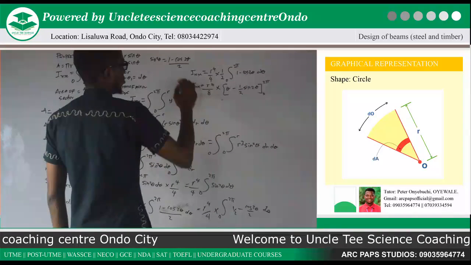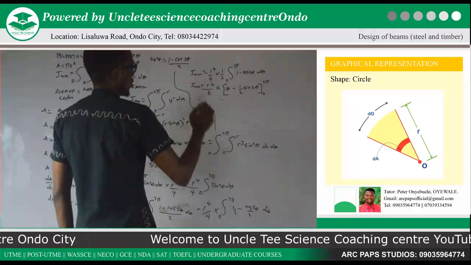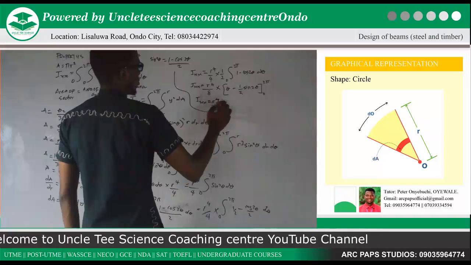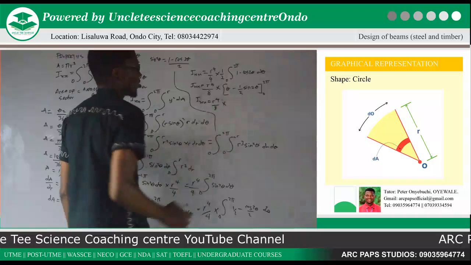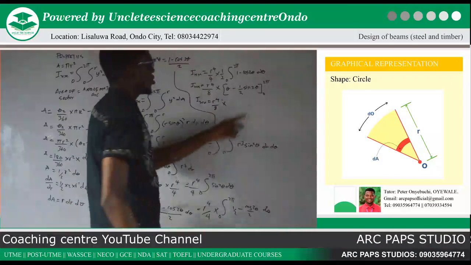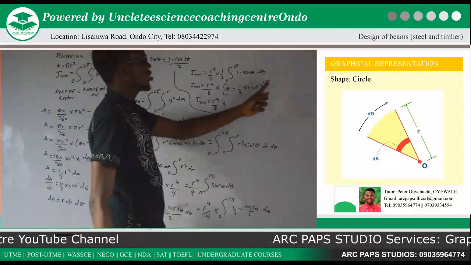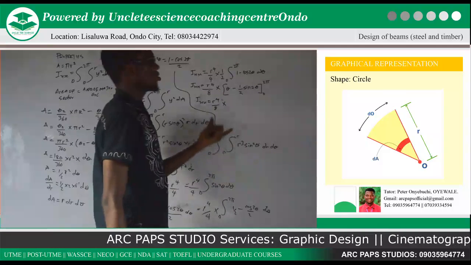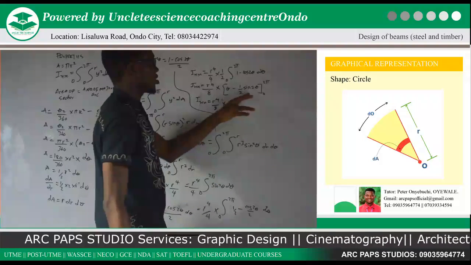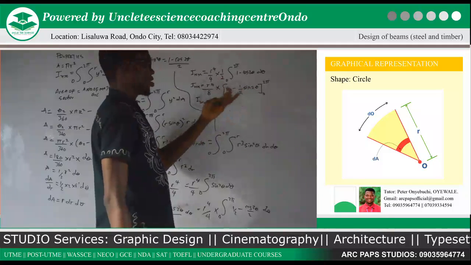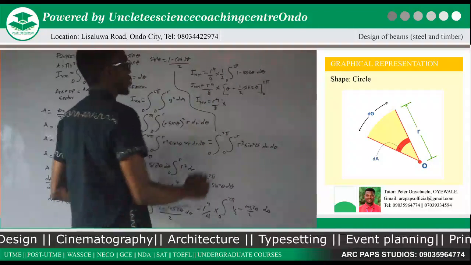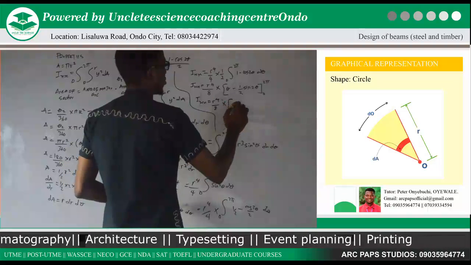Now our Ixx will then give us r raised to power 4 over 8 times, now when we substitute, we are going to substitute 2 pi first, we are also going to substitute 0, but when we substitute 0 minus 1 over 2 sine 0, sine 0 is still 0, so let's just leave it as 0.